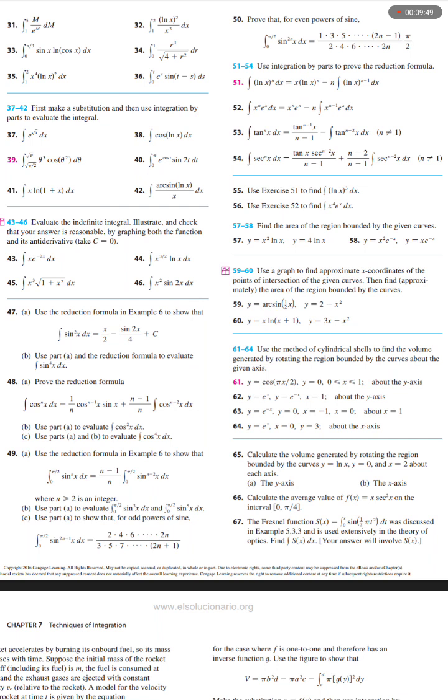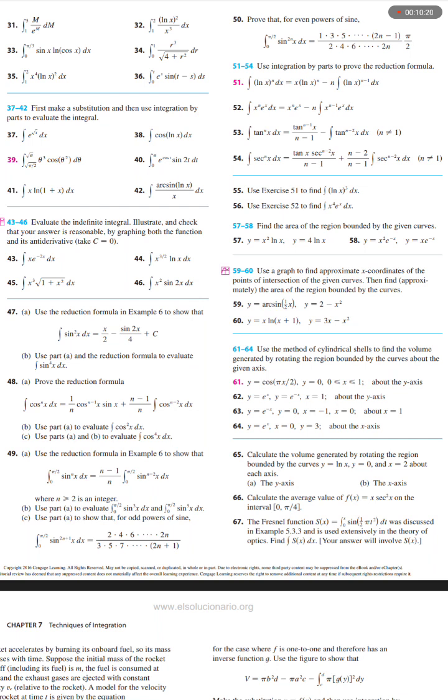Number 48, part A. Prove the reduction formula: the integral of cosine to the power n x dx equals 1 over n cosine to the power n minus 1 x sine x plus n minus 1 over n times the integral of cosine to the power n minus 2 x dx.